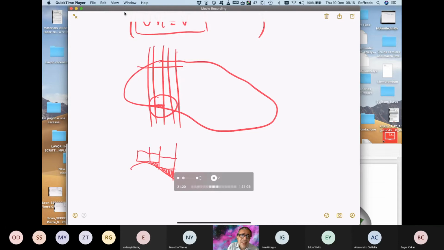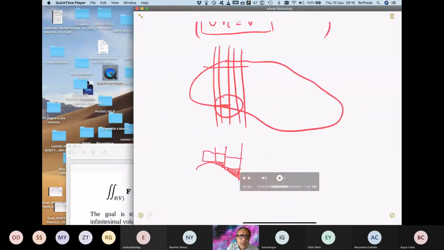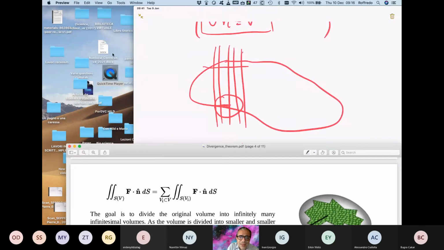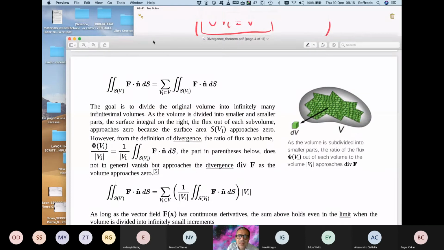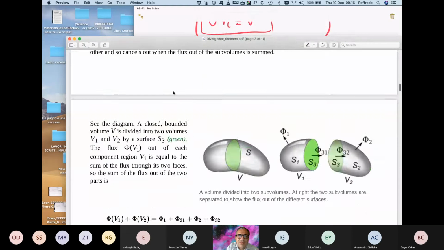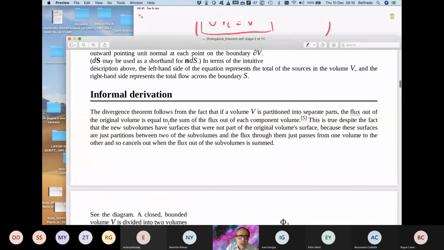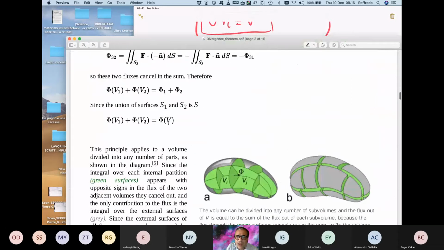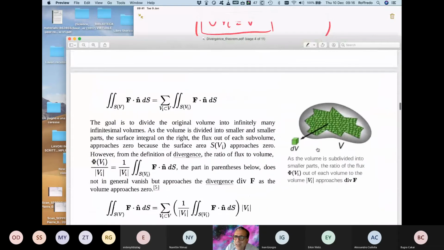So, and this is the reason for which what I'm showing you is an informal derivation of Gauss theorem. What happens at the boundaries? Approximating with cubes the volume, and with faces of cubes the boundary of the volume may be critical.